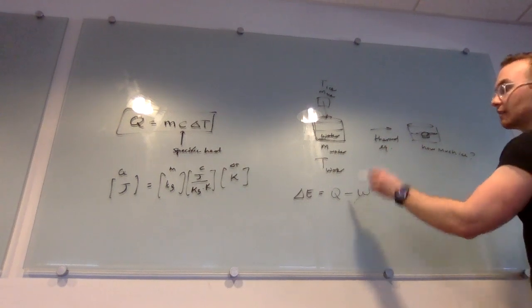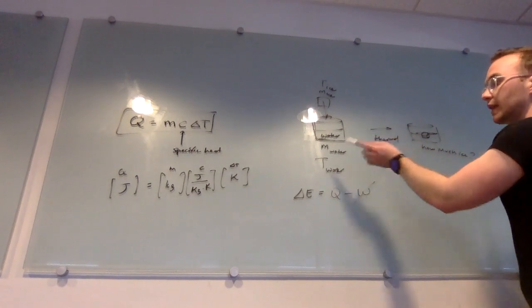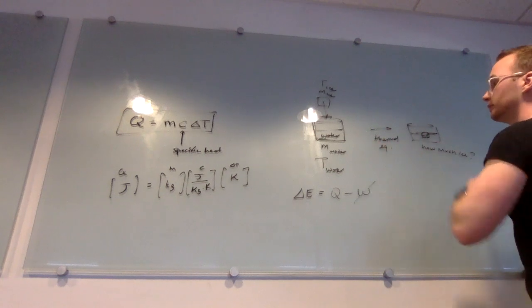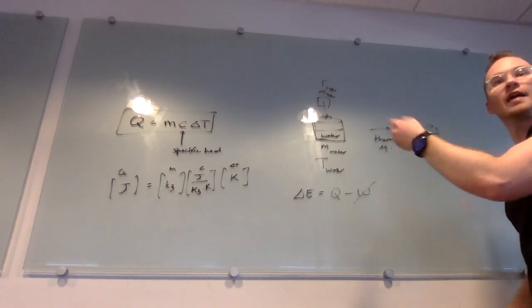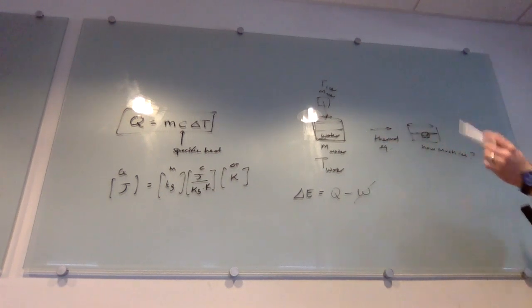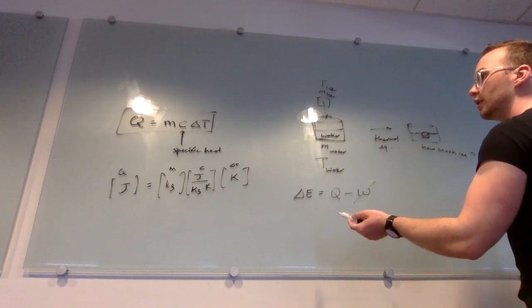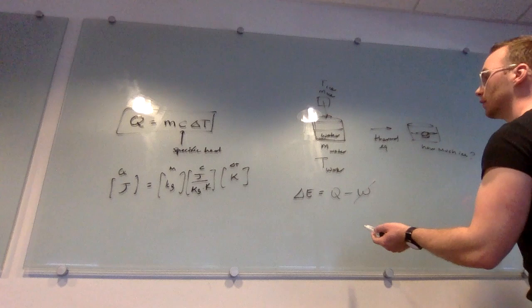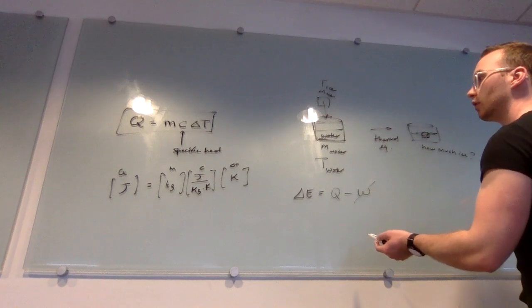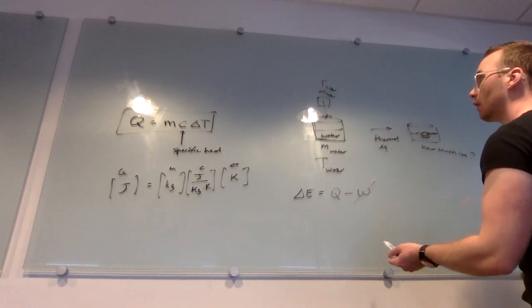There's no work in any of this because there's no gases, no pressure, or anything like that. Everything's kind of just sitting there, and the change in energy should be zero. How do we see that it's zero?